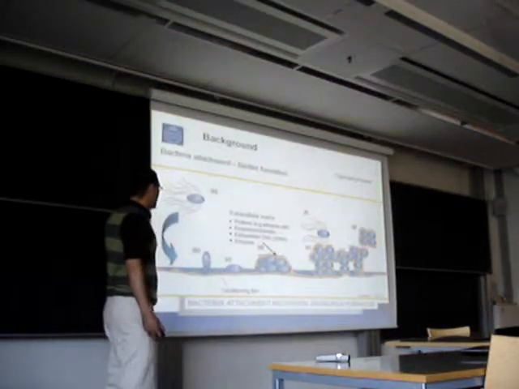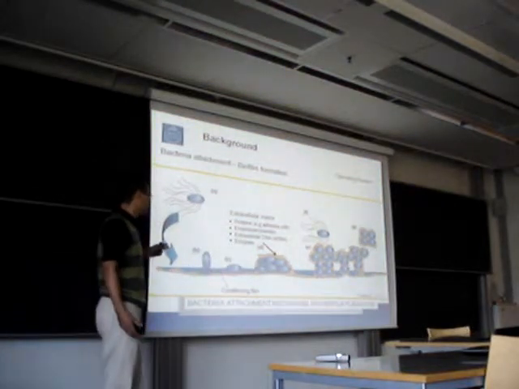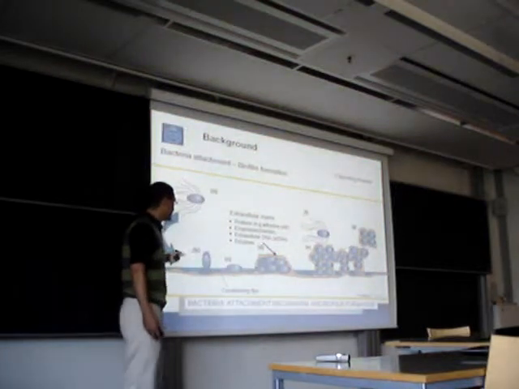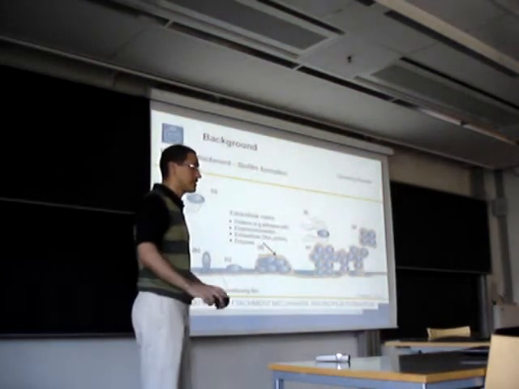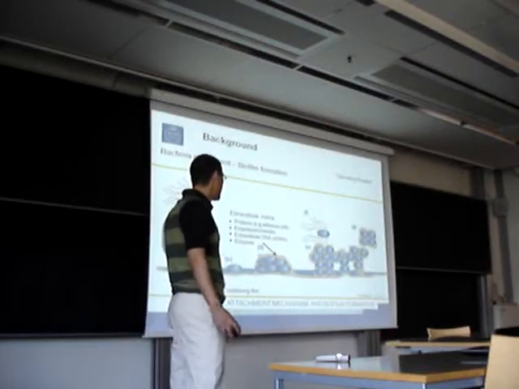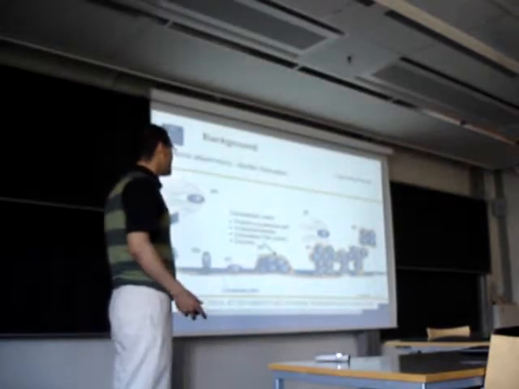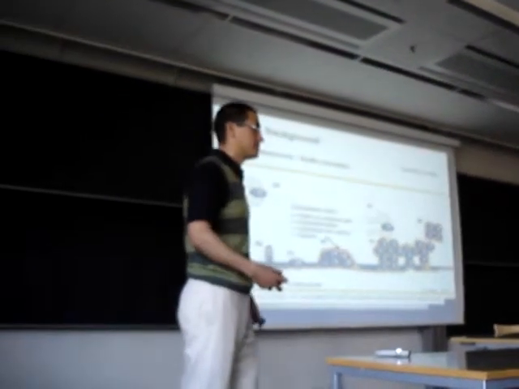The mechanism of bacterial attachment has a first point that is reversible, but you need a lot of force to detach the bacteria from the surface. At the second point, the bacteria is attached to the surface and it is irreversible. Further on, the bacteria form an extracellular matrix and develop into a biofilm and reproduce.